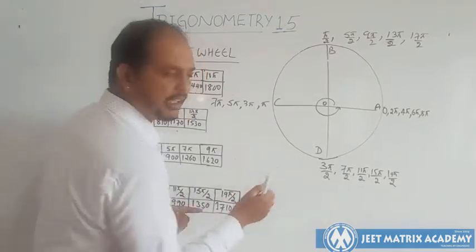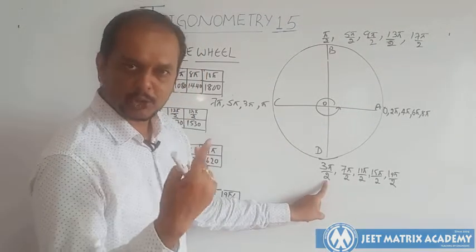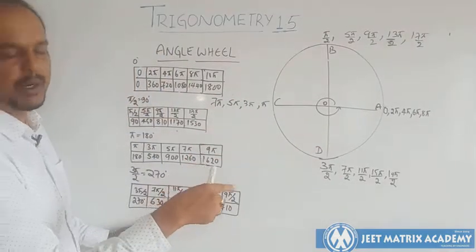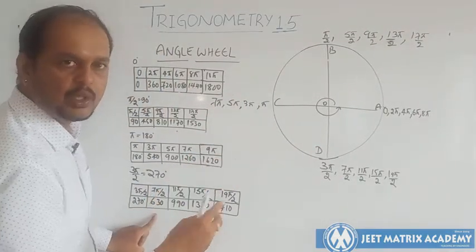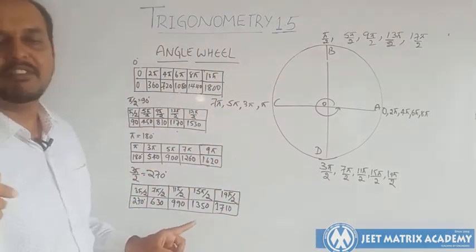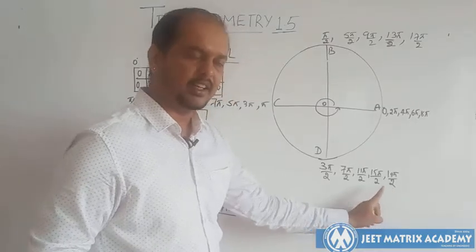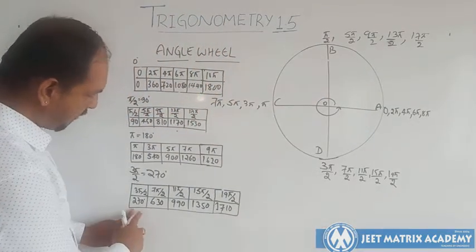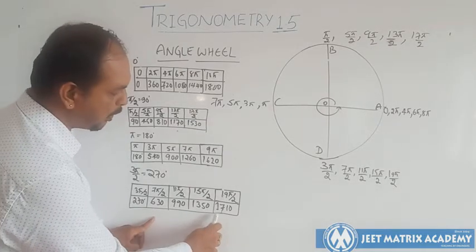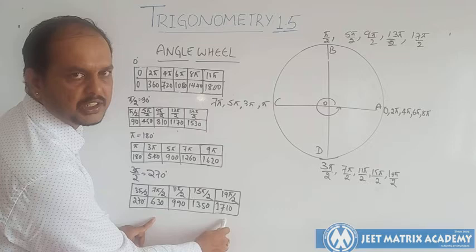Similarly, 3 pi by 2 represents the 270 position. Again, that position plus 2 pi, if you add, you will get 7 pi by 2: 3, 7, 11, 15 and 19 by 2. That is 270, 630, 990, 1350, 1710.